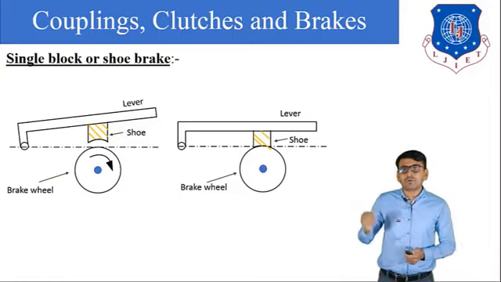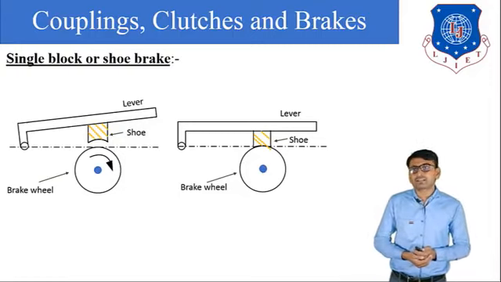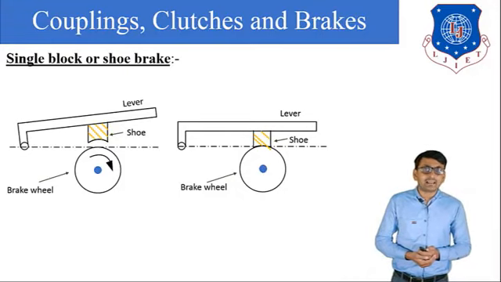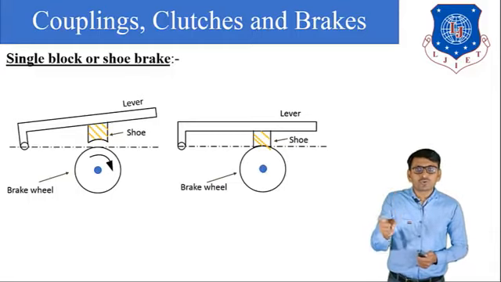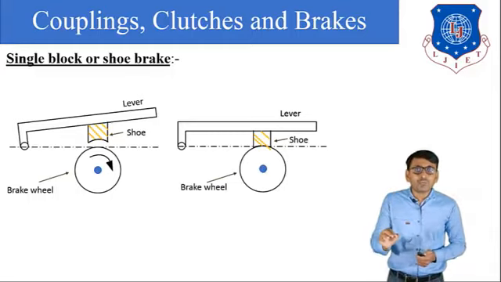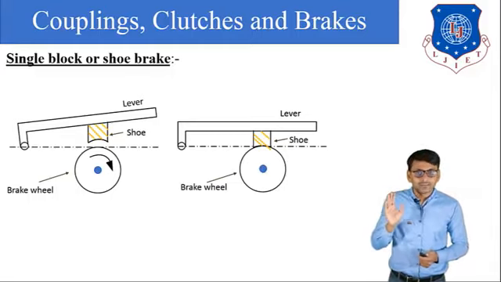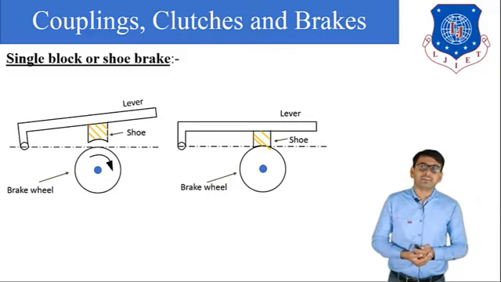So this is the diagram of a single block or shoe brake. In the first diagram there is a disconnection and in the second diagram there is a connection. In a single block brake there is one block or shoe which is made from frictional material, and this block or shoe is attached with a lever.